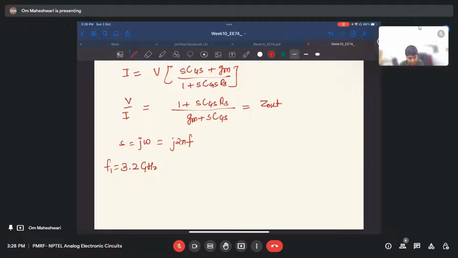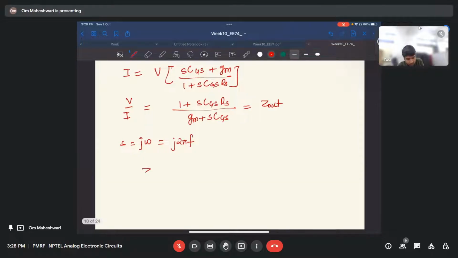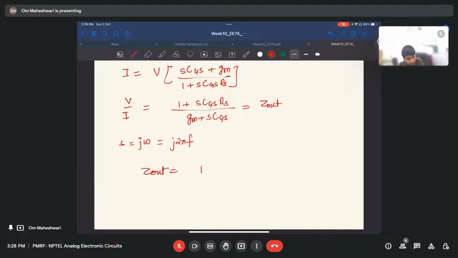So Z out will be 1 plus j 2 pi f1 CGS RS upon GM plus j 2 pi f1 CGS. Okay, so just put the value of f1 and then take its magnitude.